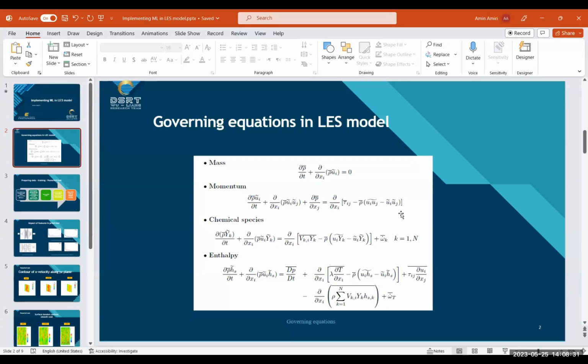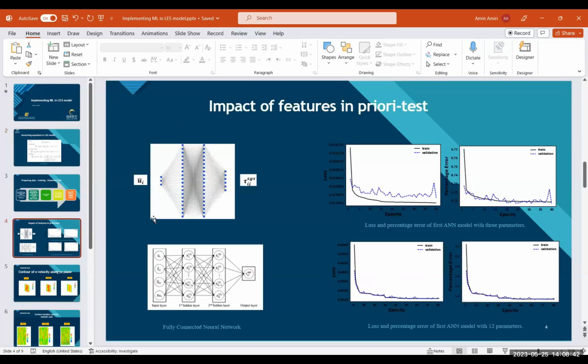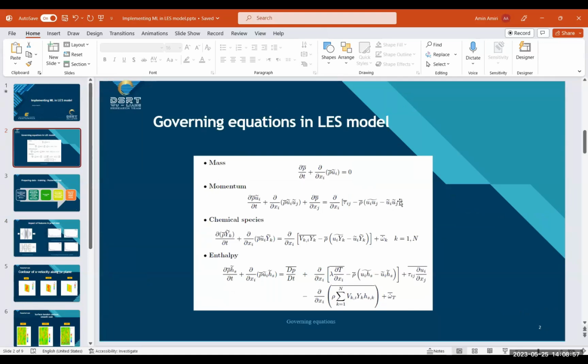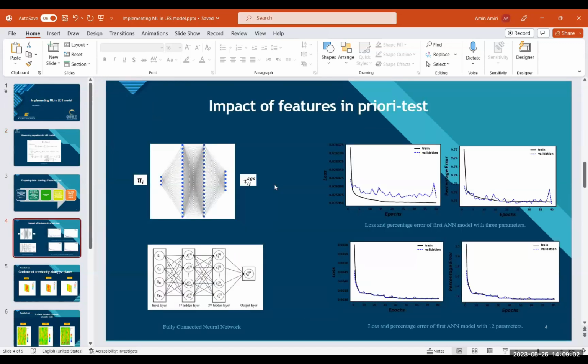Then I use the DNS data for training this equation. After that, I input, for example, velocity U, V, W in the X, Y, Z directions, and they obtain the tau ij SGS, which means this term. After this step, we have a function that we can input the U and get the tau ij, the correct answer.